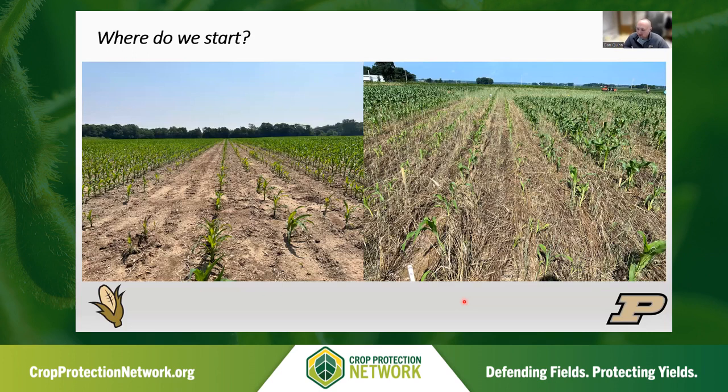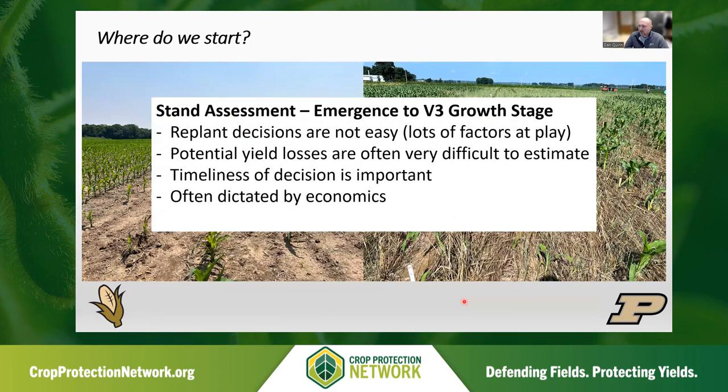So the first question is, where do we start? You get to a field, you see the issues, and there are questions of whether or not we should replant. Really, it starts with stand assessment, and that starts with your stand counts out in the field.